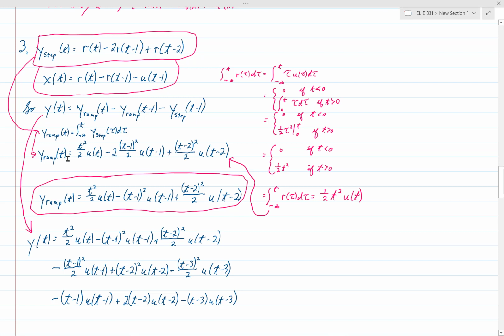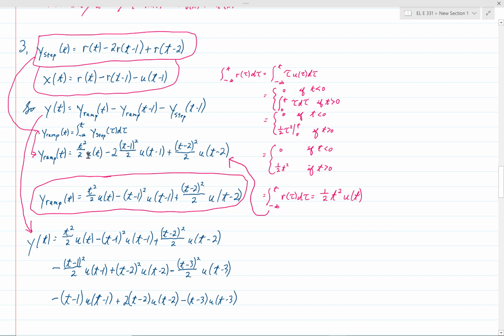Okay, y ramp of t is equal to, well, when we integrate r of t, we've just found out over here, we get 1/2 t squared u of t. So that's this first term. And then I bring down the minus 2. And when we integrate r of t minus 1, we're going to get this same thing, but with the t replaced by t minus 1. So we're going to have t minus 1 squared over 2 times u of t minus 1.